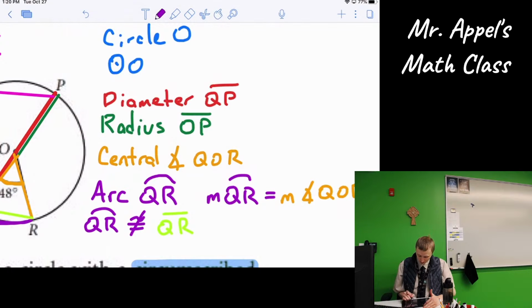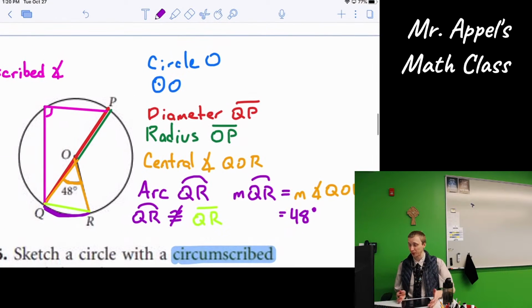So in this case, that would be 48 degrees. An arc is measured by its central angle. The measurement of the arc is 48 degrees of arc. This is a 48-degree central angle. Those two are always, always, always equal to each other.